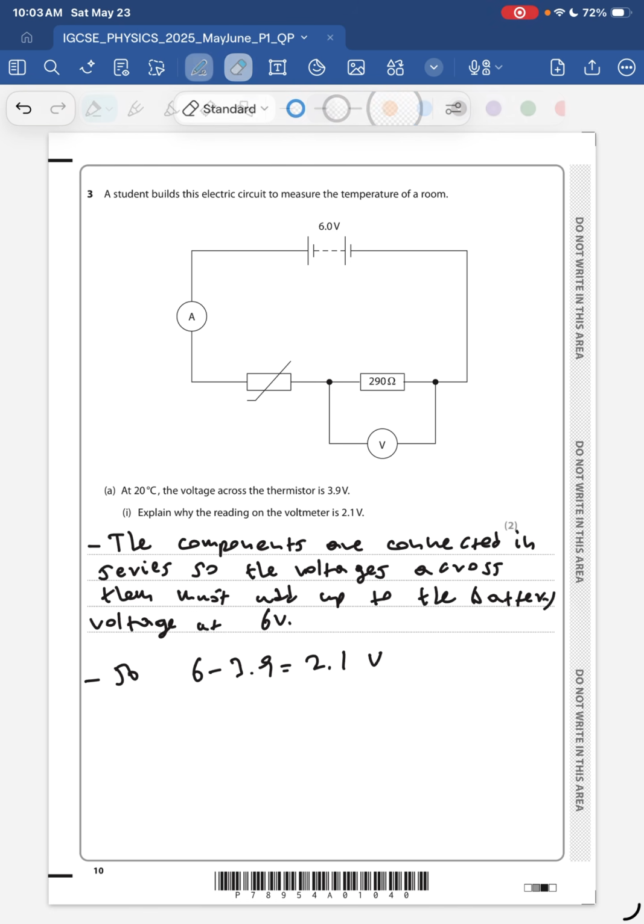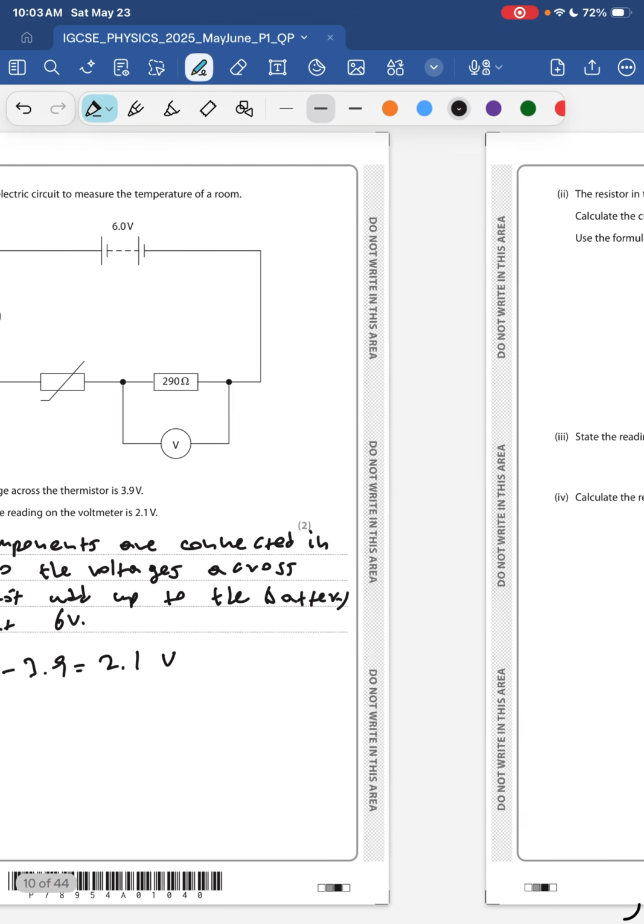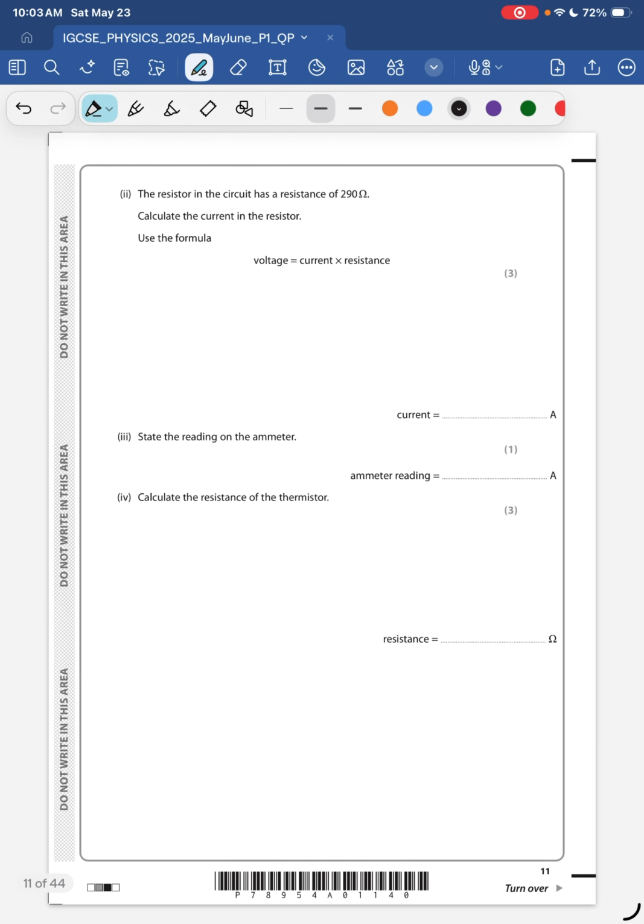Okay, and let's move on to part 2. The resistor in the circuit has a resistance of 290 ohms. Calculate the current in the resistor, and they actually give you the formula. Okay, so current is voltage over resistance.